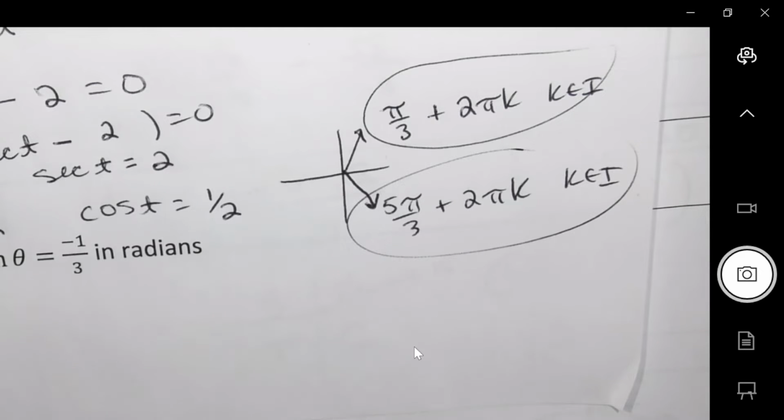Okay, I'm going to do one of them in your workbook with you so I can cut down some of your homework. I'm trying to find one that is actually not on the unit circle.